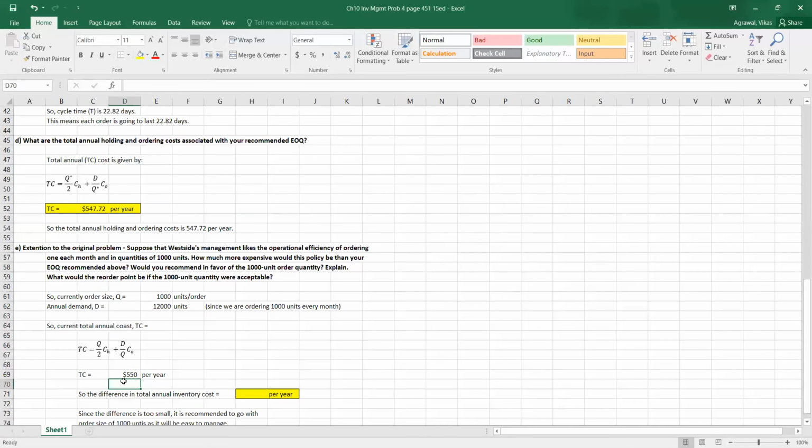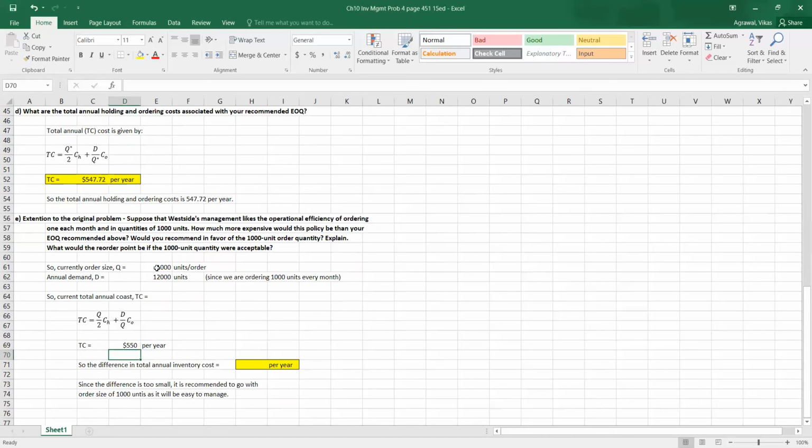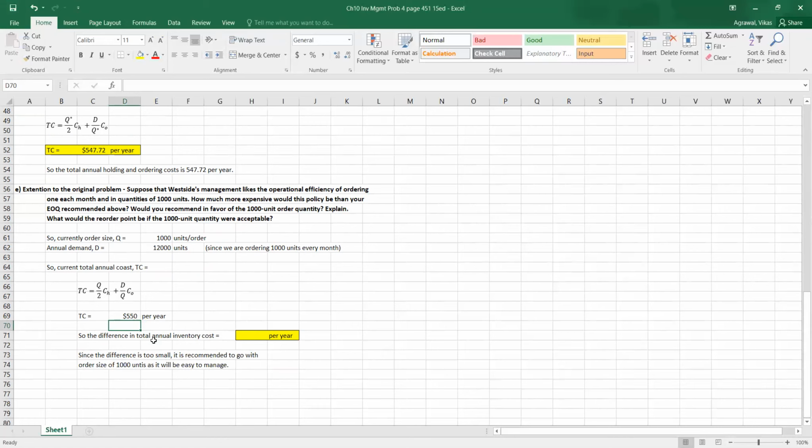So that's going to give you $550 per year. This is how much you spend if you stick to 1000 units per order. Okay, so the difference between the two annual inventory costs equals this minus 547.72. So the difference is only $2.28.